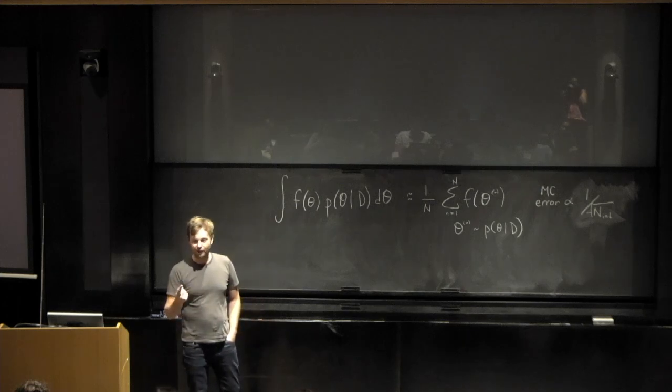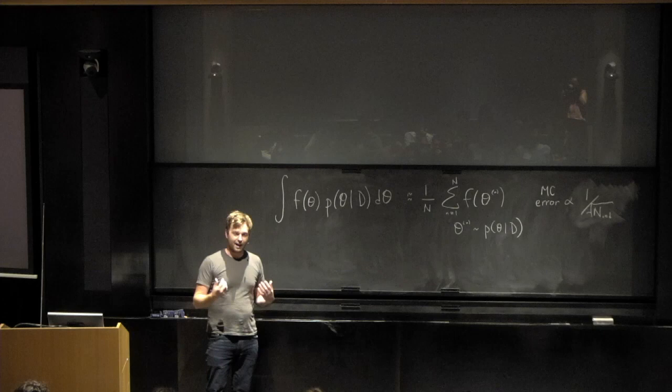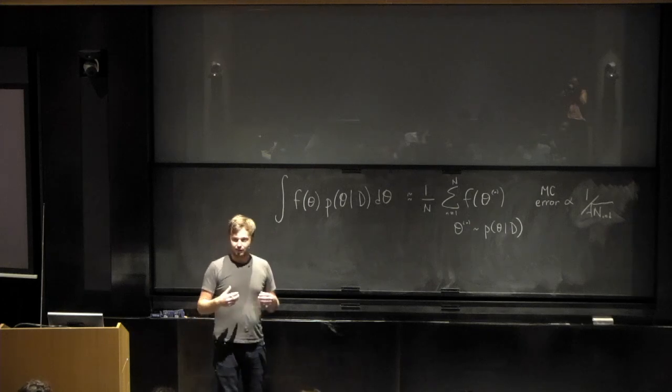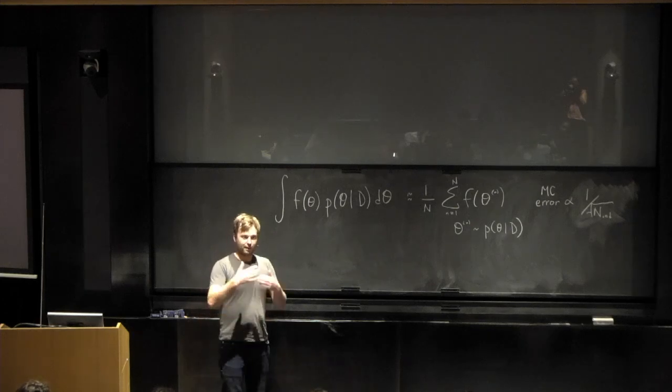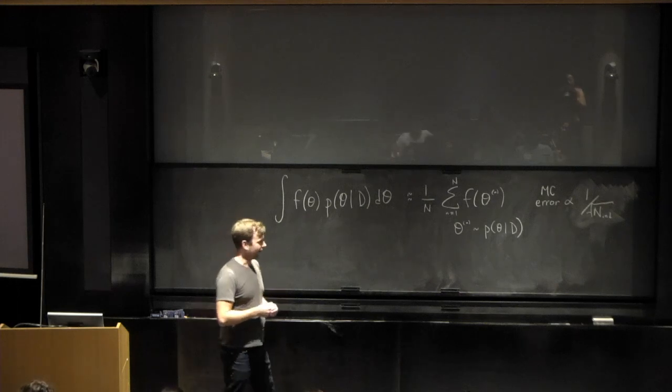You might also want the least amount of your time, and so that will be a factor that plays into our discussion as the day progresses. But really, in an ideal world, you want more independent samples for less computation time.